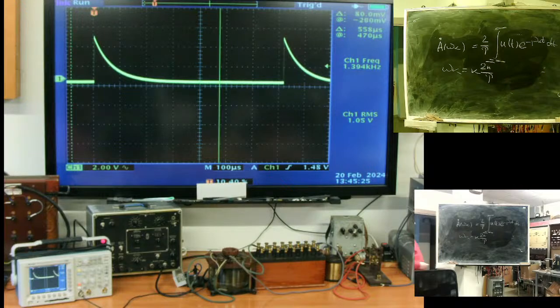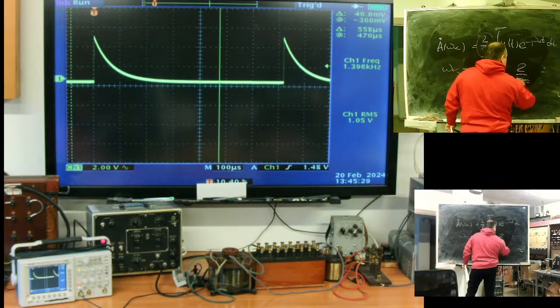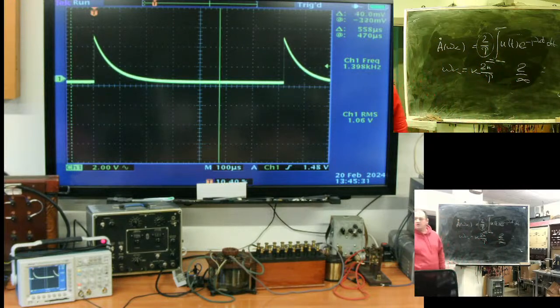Nice formula. But here, what will I have? 2 pi divided by infinity. What's the result? 0. And this formula is useless.